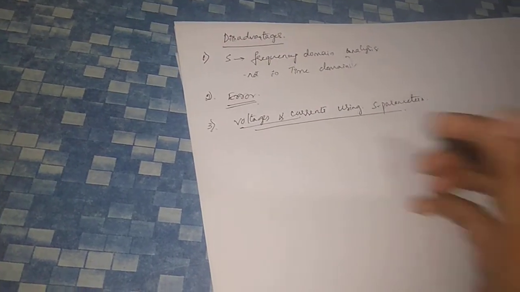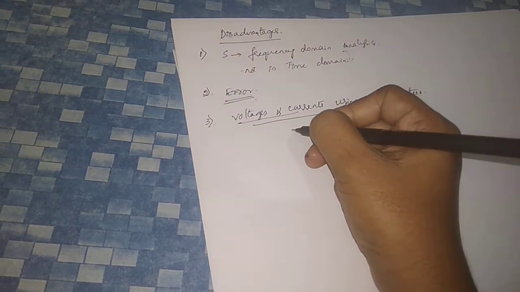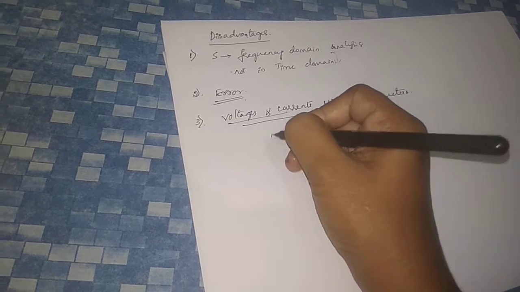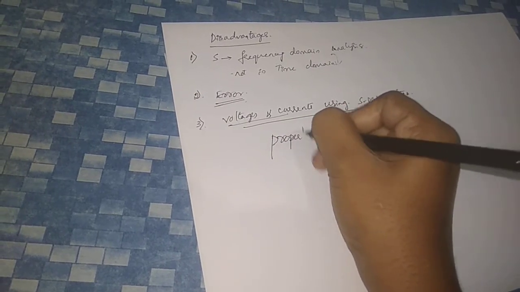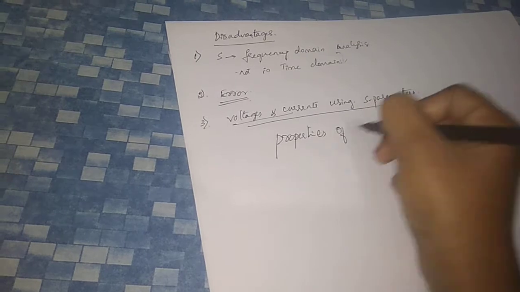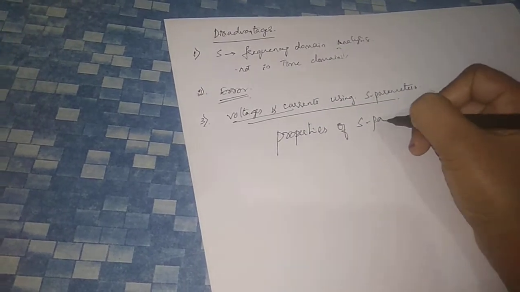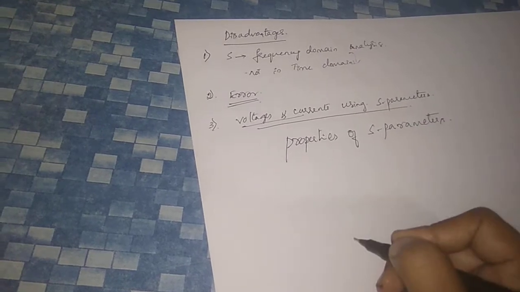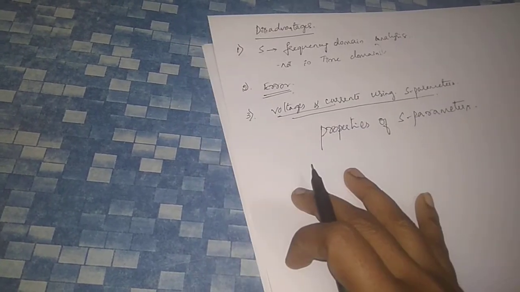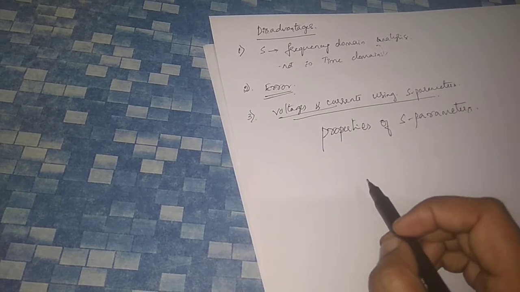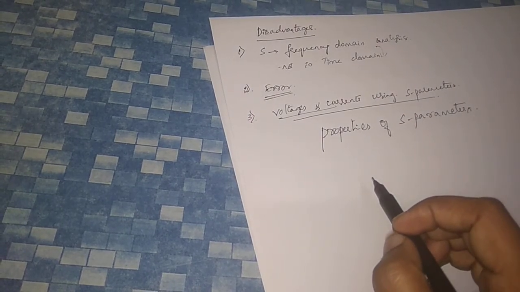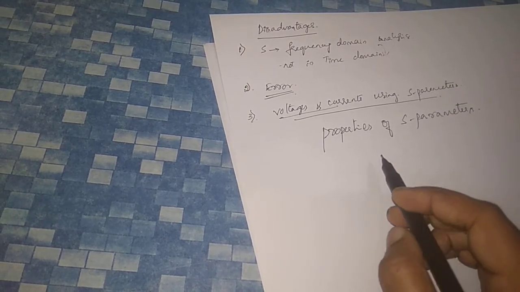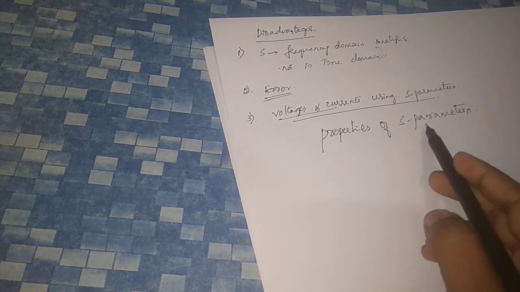So the next topic is the properties of S parameters. The traveling waves with associated power when scattered out through the ports at the microwave junction can be defined by S parameters.